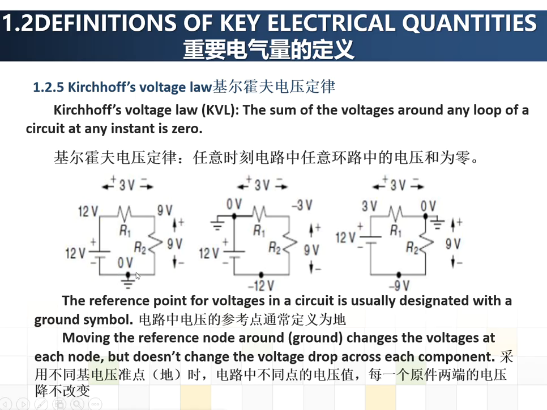This means that although the reference point has moved, the voltage at each point could be different. However, the voltage drop across the resistance R1 is always the same, equal to 3 volts.